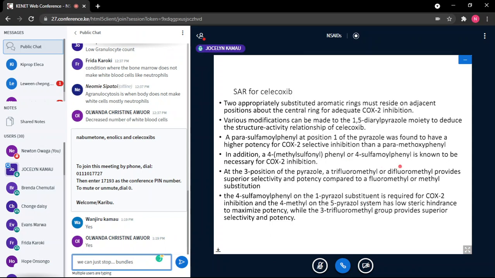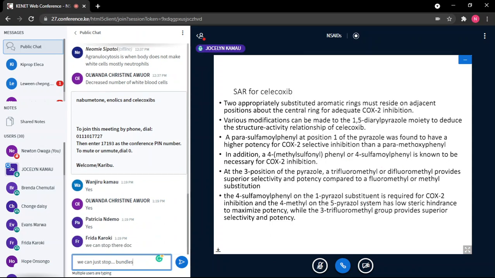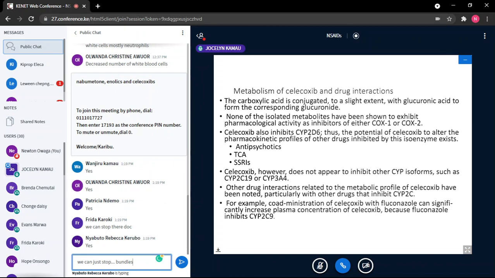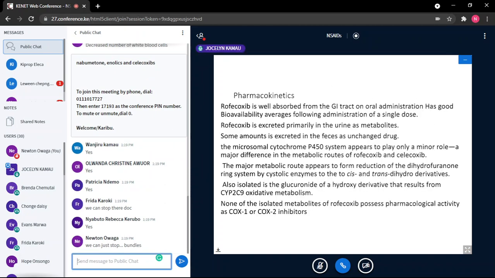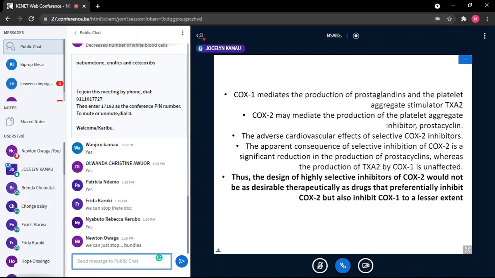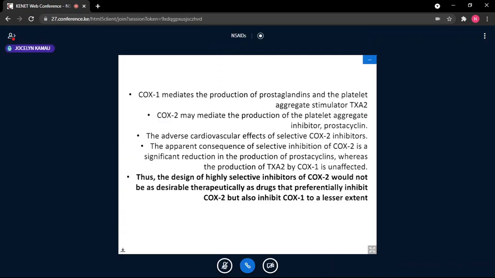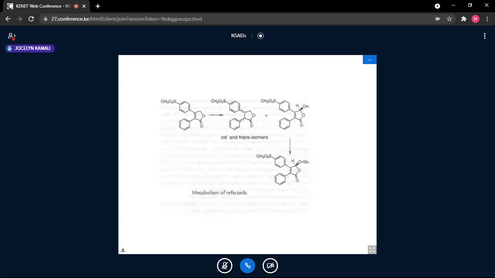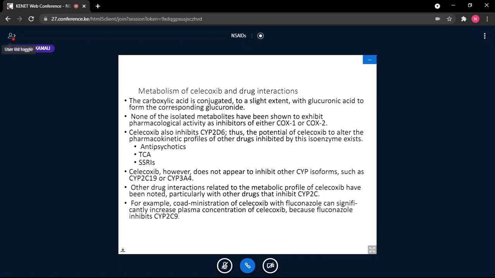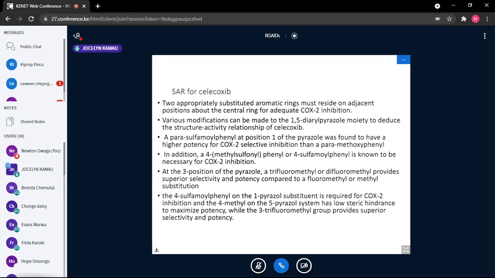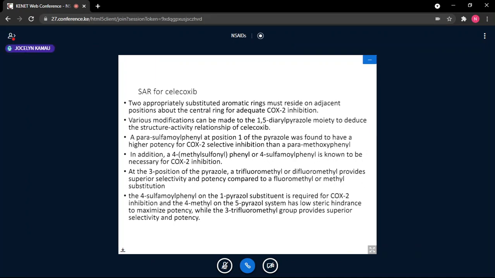We are just now going to go through the SAR for the different compounds. We don't have much because we need to finish these non-steroidals. For the others, I was just mentioning these drugs, but we have actually done most of it. As we finish with the SARs of the coxibs, even if I don't mention much about each drug, I usually mention each drug just to let you understand the differences, mainly in the metabolism.